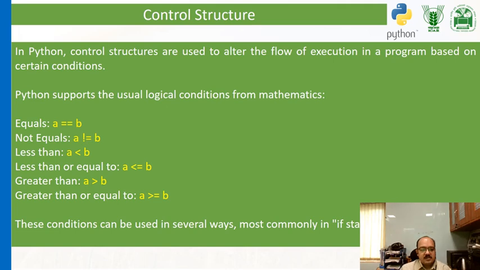In this control structure, Python supports the usual logical conditions which are used in mathematics, like equals, not equals, less than or equal to, greater than or equal to. These conditions are used in several ways, most commonly in if statements and loops.